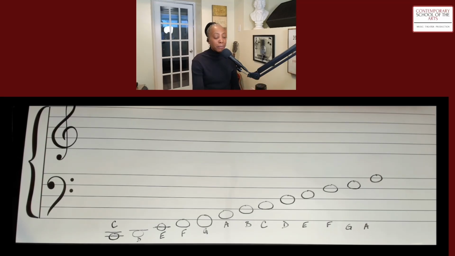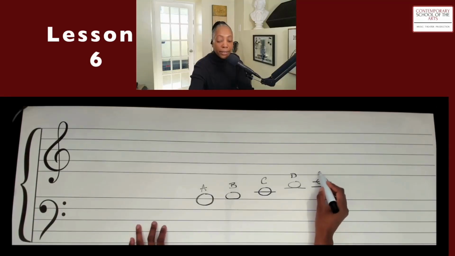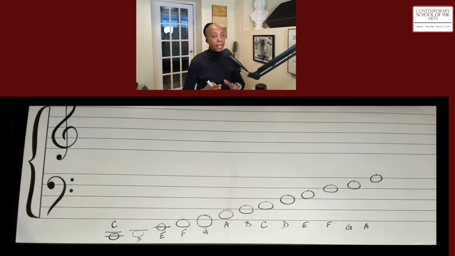We still see the musical alphabet, C, D, E, F, G, A, B, C, D, E, F, G, A, and then we can continue with that musical alphabet all the way up to ledger lines above the bass clef staff like we talked about in last week's lesson. So we're still moving step by step, right? We're still moving step by step. We still alternate line, space, line, space. Ledger lines simply give us a place to write lower notes, as you can see here.